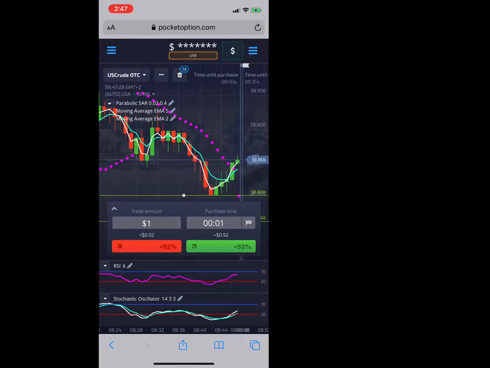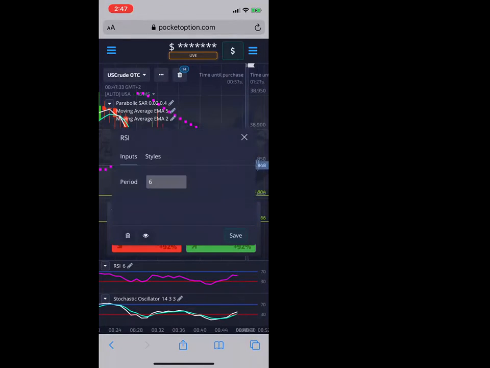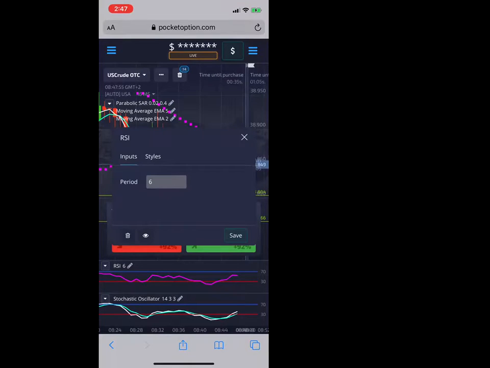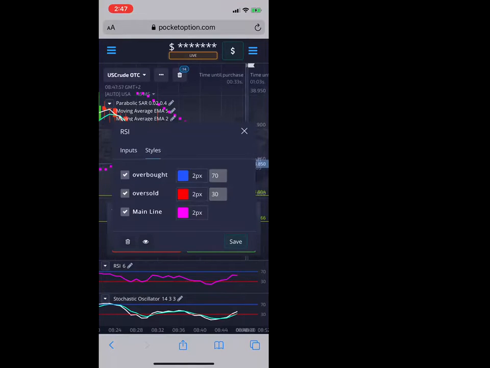The RSI. You want to add that. You want that period to be at 6. Then you want the style to be at this right here.